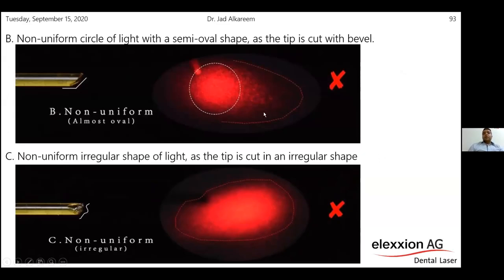And having an incorrect cutting means that you will not have a good cutting efficiency and a good delivery of energy to the patient or to the soft or the hard tissue. So in this way, you have to make sure that you have cut the fibers correctly and that the ending of the fiber is totally or almost flat.